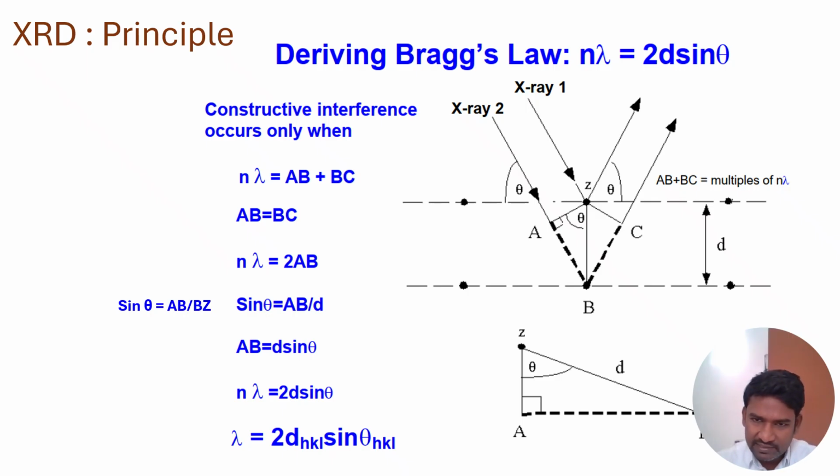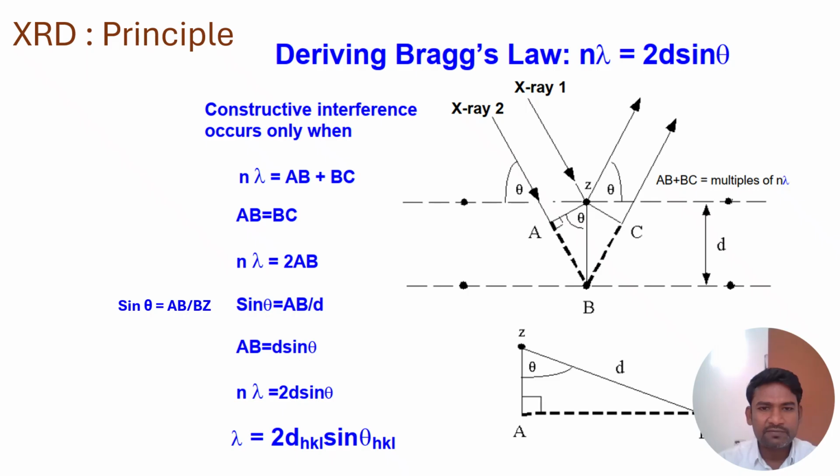Now let us take this angle, ABZ. Here the n lambda, the X-ray that we pass through, is equal to AB plus BC. AB is equal to BC, of course, right?